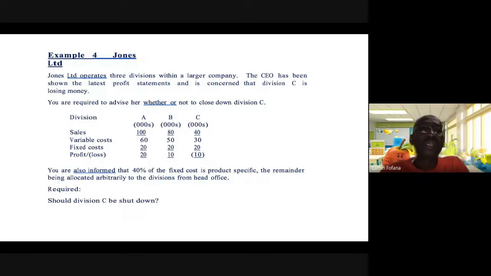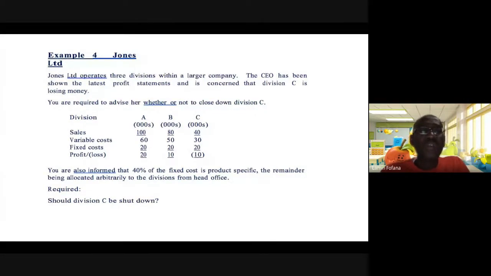Division A, B, and C. Division A has sales of 100, total variable cost of 60, fixed cost of 20, and a profit of 20. B has got 10,000 profit, while C has got 10,000 losses.